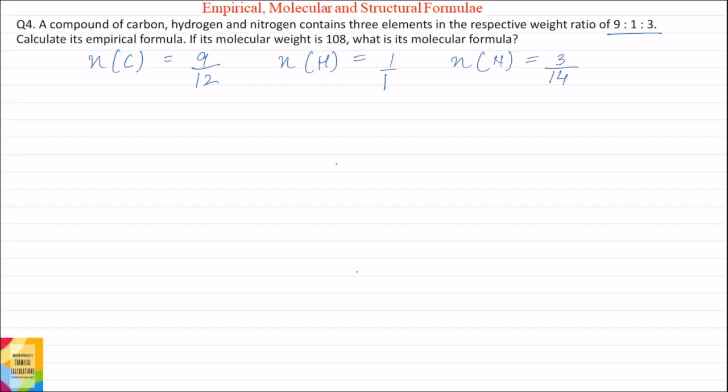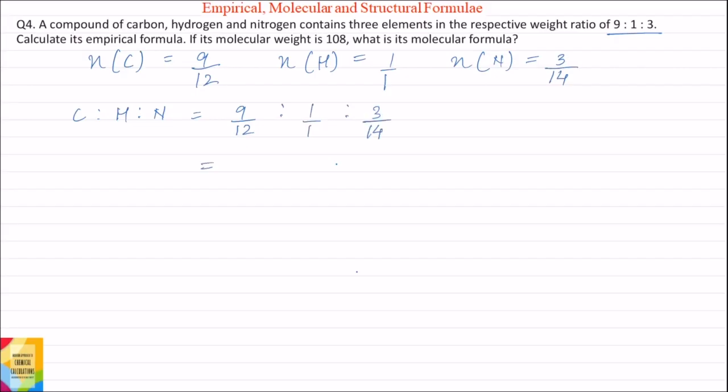Now taking the ratio of the moles of carbon, moles of hydrogen and moles of nitrogen, the ratio of moles of carbon is to moles of hydrogen is to moles of nitrogen will be equal to 9 by 12 is to 1 by 1 is to 3 by 14.